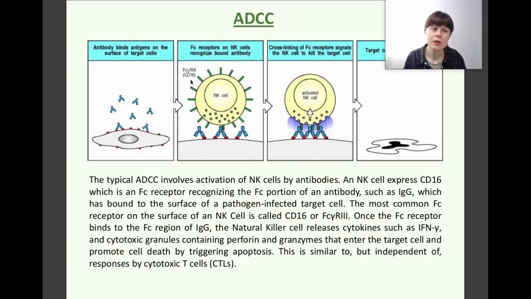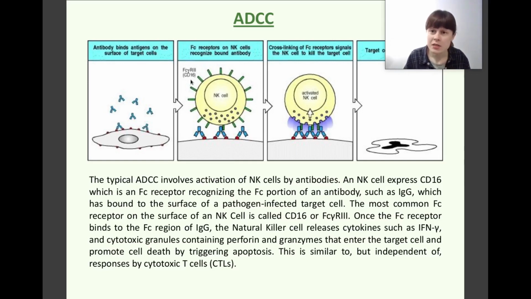These are called CD16 receptors. These CD16 Fc receptors recognize the Fc fragments of an antibody, which can bind to pathogen-infected target cells.